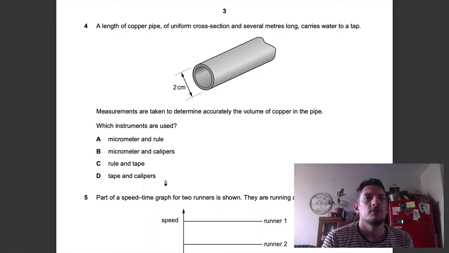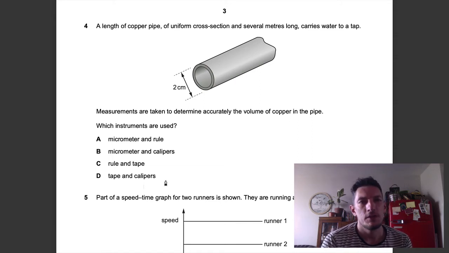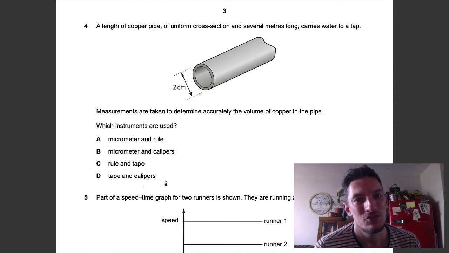In order to measure the thickness of the pipe, one can use calipers. You could also possibly use a micrometer, but a micrometer is more used for extremely thin or small objects, like a human hair or a piece of paper. And you measure in microns.